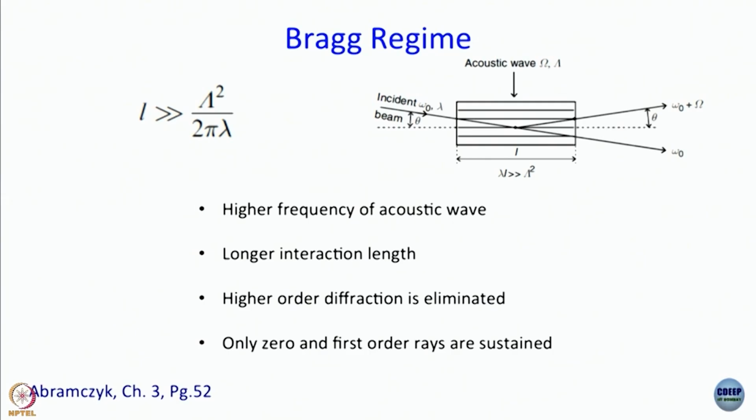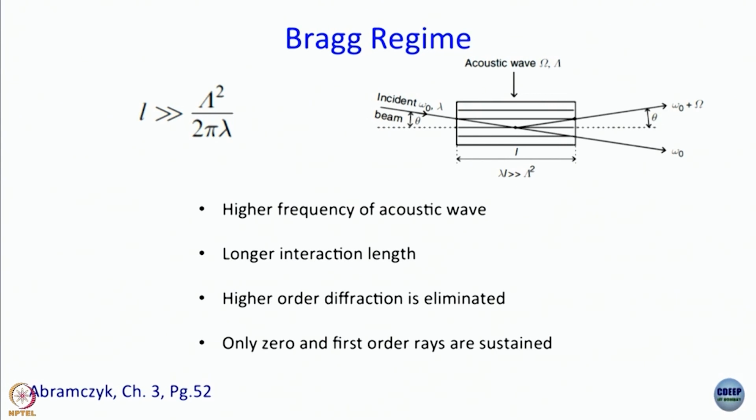So, essentially you have to use a much higher frequency of acoustic wave, right, because L has to be greater than capital lambda squared divided by something. So, capital lambda would better be small. If capital lambda is to be small, the corresponding frequency has to be large. We will see what kind of frequency is typically used in this technique. Secondly, it helps if you have a longer interaction length.